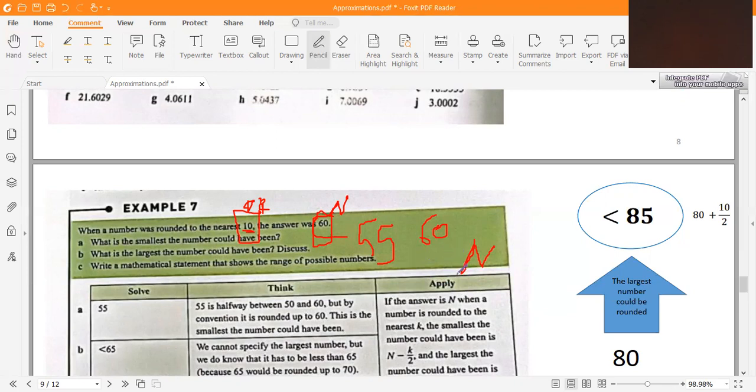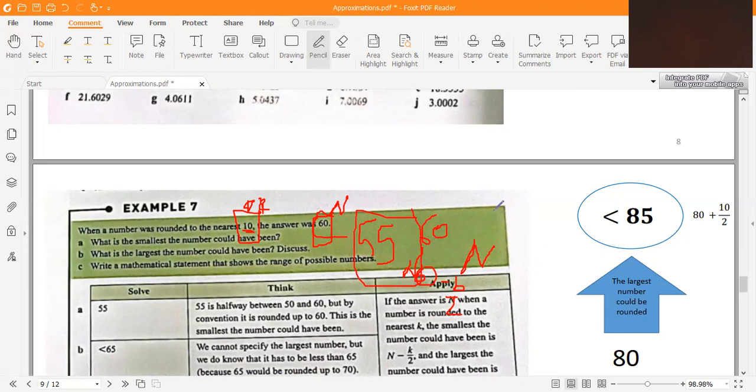The lower limit of the smallest number is n minus k over 2. So 60 minus 10 over 2, so minus 5. So we obtain 55 as the smallest one.